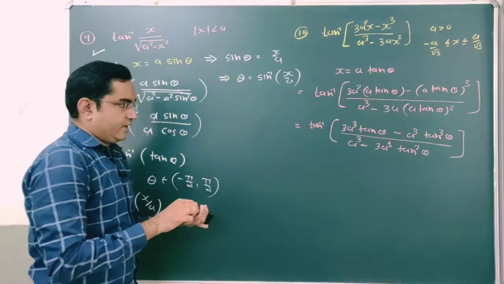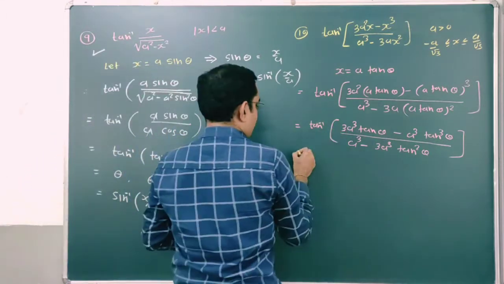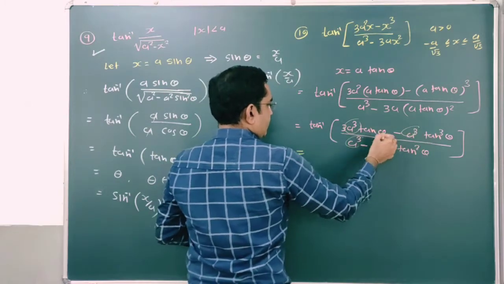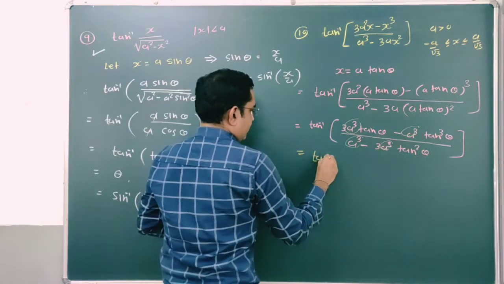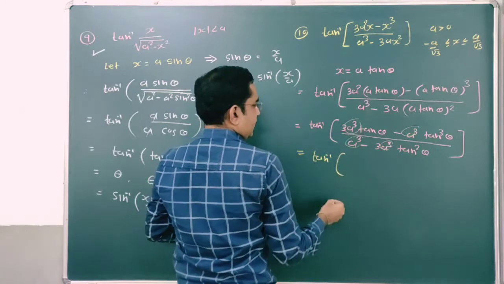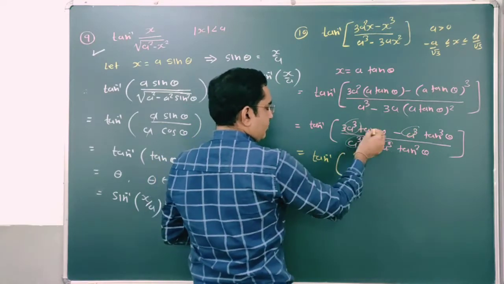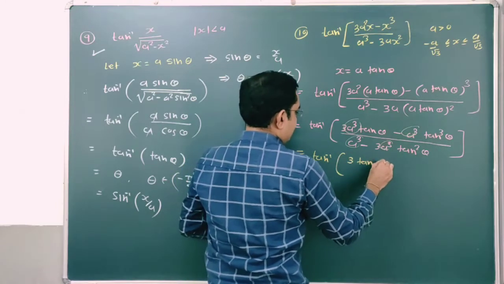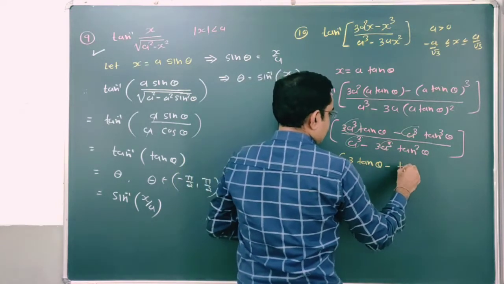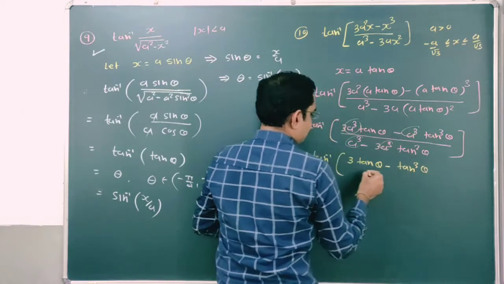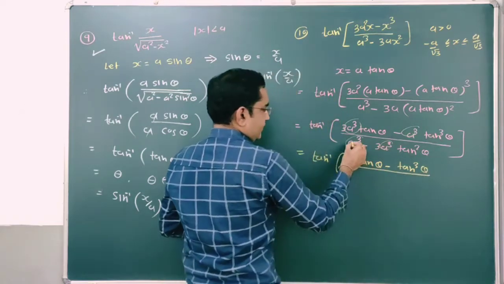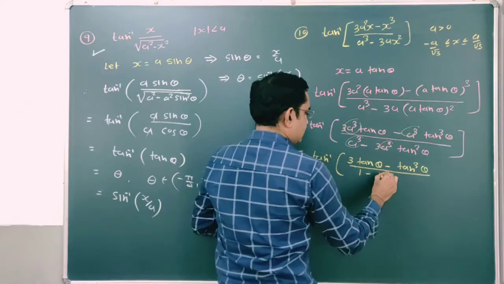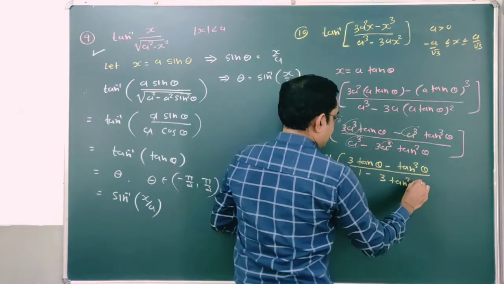Now here we can see this a cube is common, and the denominator a cube is common, so it will be cancelled out. Therefore we are getting tan inverse of 3 tan theta minus tan cube theta, whole divided by 1 minus 3 tan square theta.